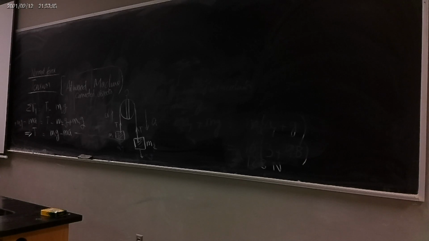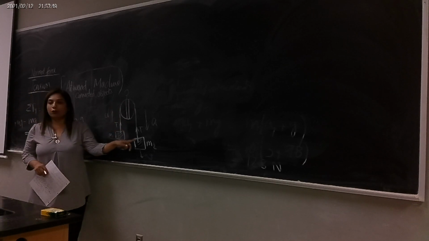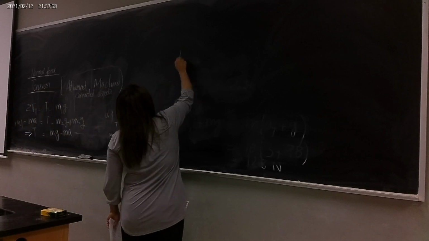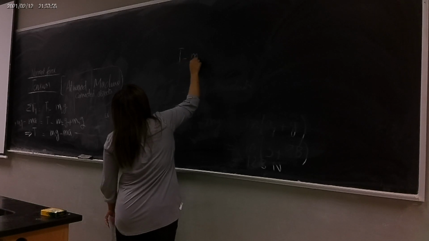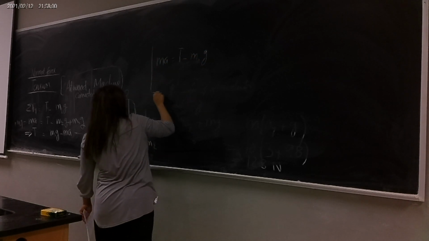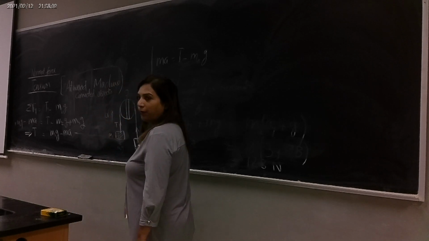Is tension the same? It should be, it's the same rope, so it will have the same magnitude throughout this length. For the other side, T minus M1G is equal to M1A. Here the acceleration is positive because it's moving upward.